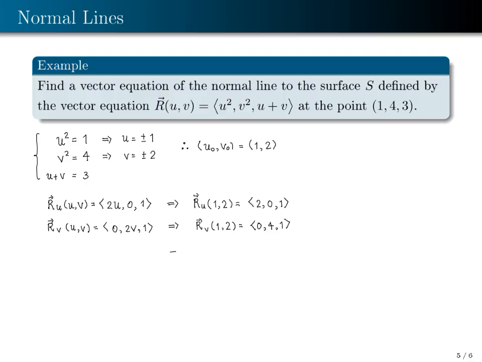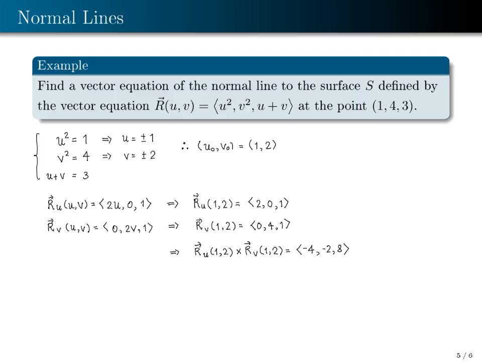Taking the cross product of r_u(1, 2) and r_v(1, 2) gives the vector with components 0 minus 4, or negative 4, 1 minus 2, which is negative 2, and 8 minus 0, which is 8.